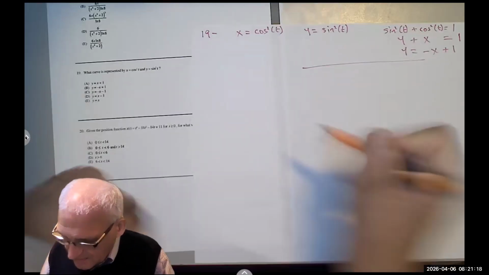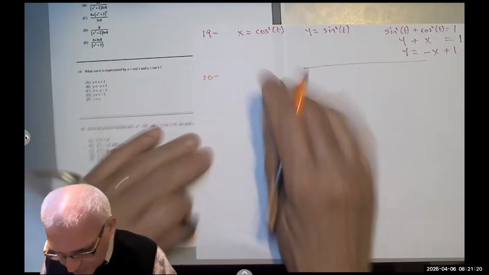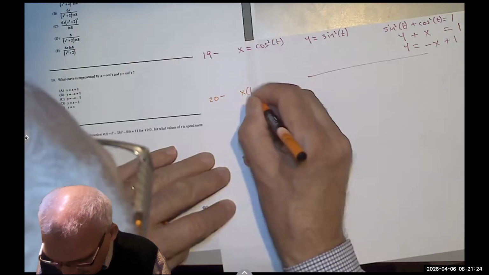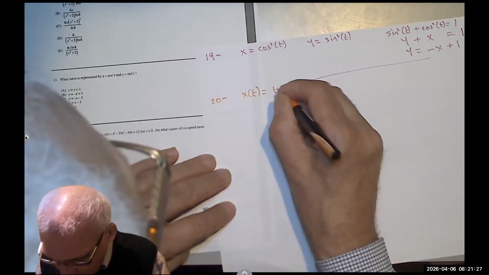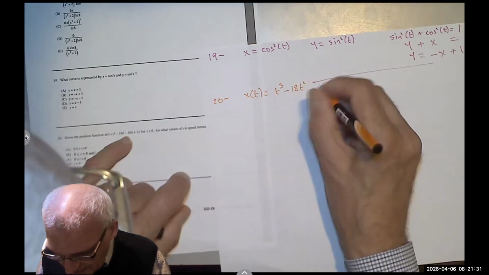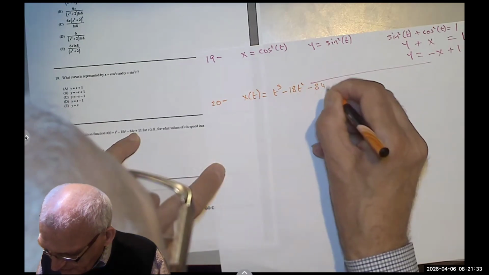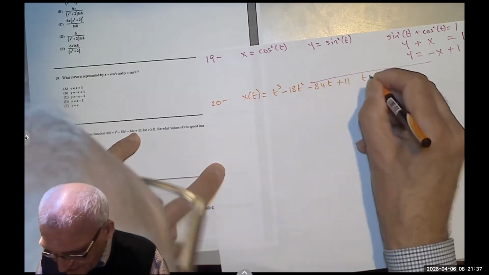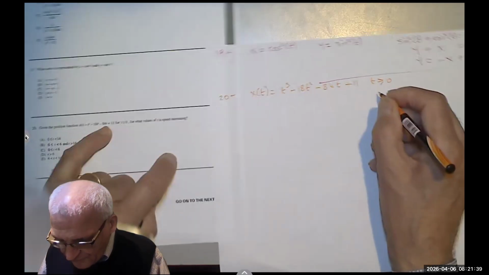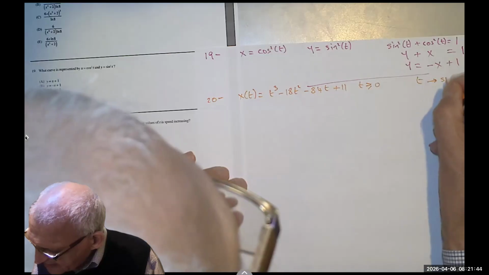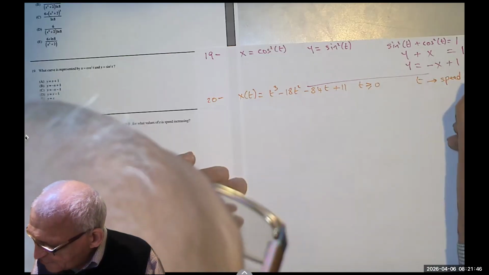Number 20 says, given the position vector x of t equals t cubed minus 18t squared minus 84t plus 11 for t greater than or equal to 0, for what values of t is the speed increasing?